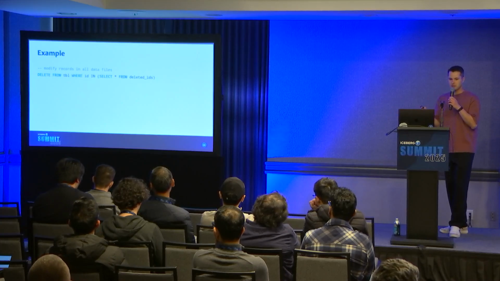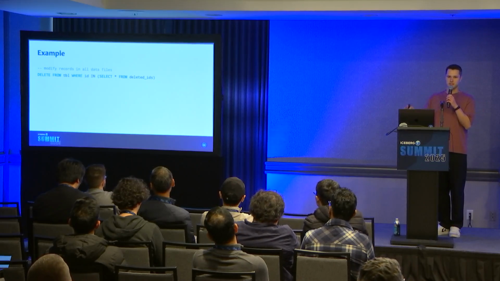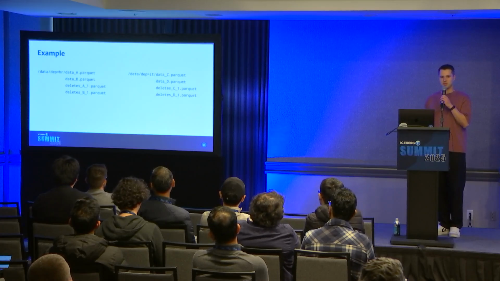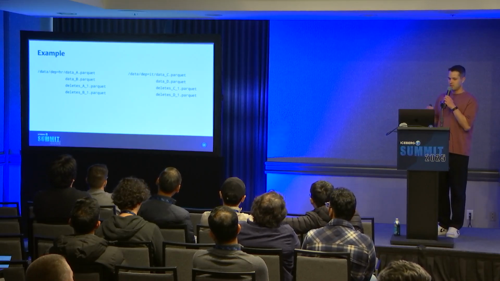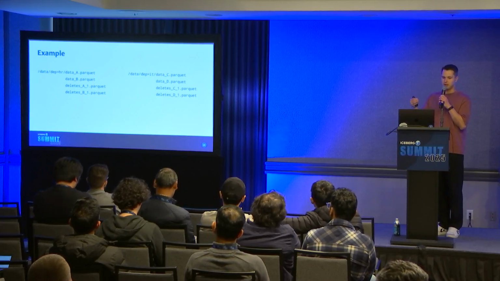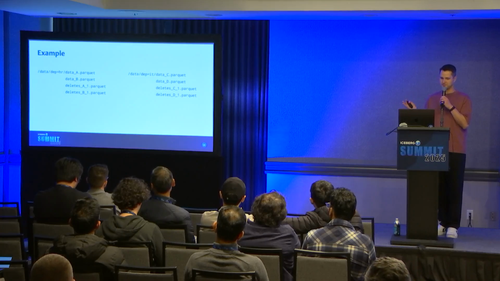Now, if there is a delete that comes in that modifies some records in all of the data files, then this is how it would be represented right now with V2. For each data file, you would have a new delete file. So for data file A, we would have a deletes A file, which is basically also using Parquet.